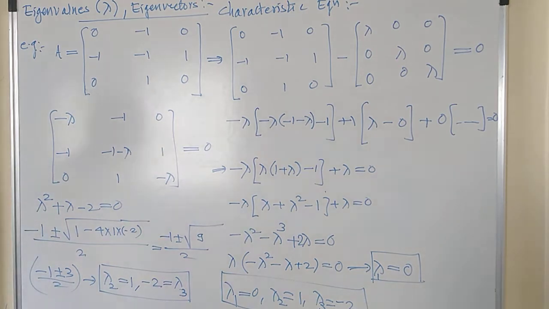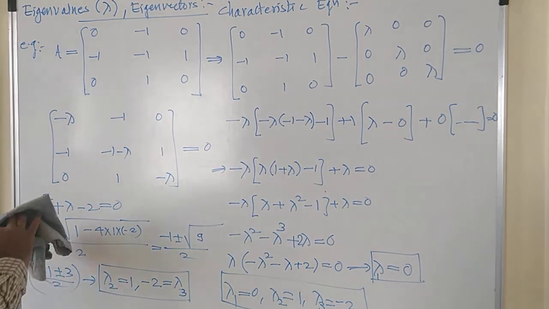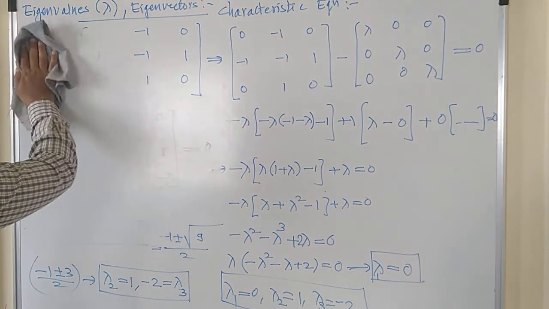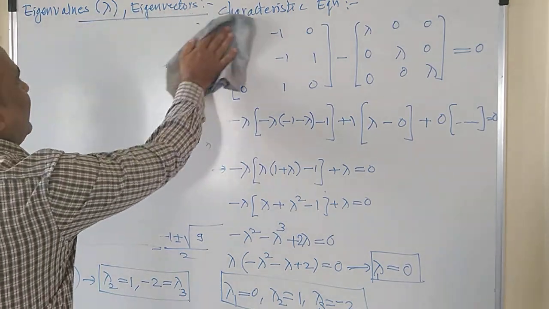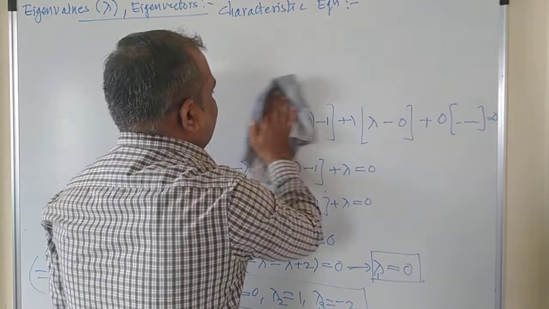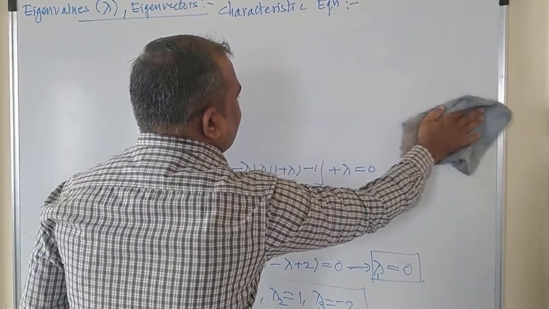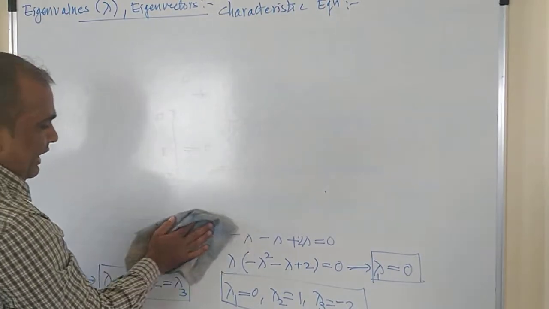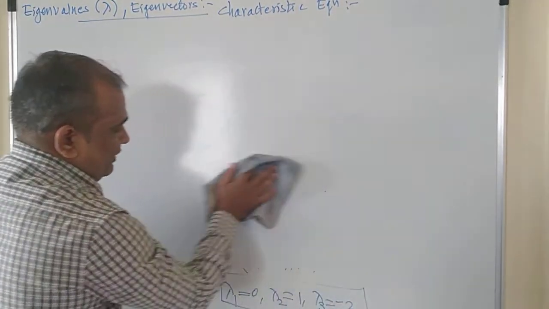Now how to find the eigenvectors? Eigenvectors can be found by putting the respective eigenvalue into the characteristic equation and then multiplying by the eigenvector, right?